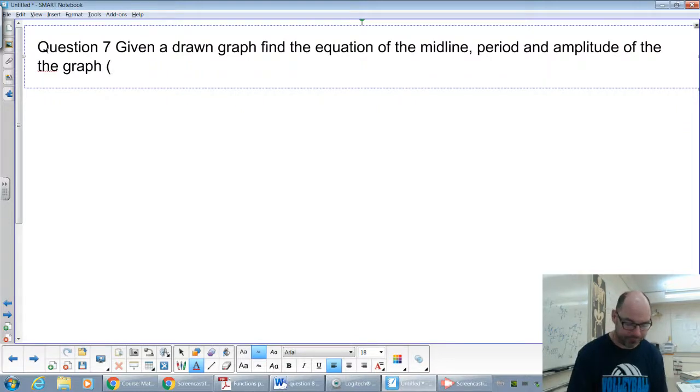Okay, for that, I had something like this. It's kind of hard to do with freehand here.